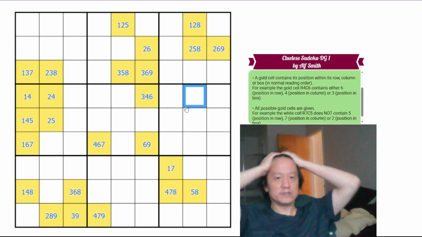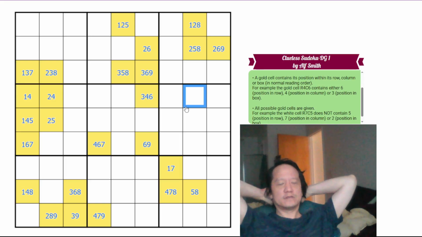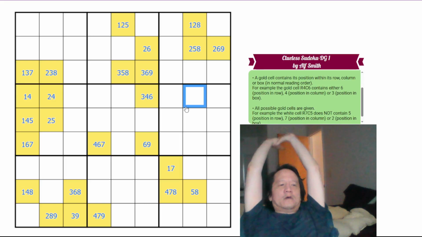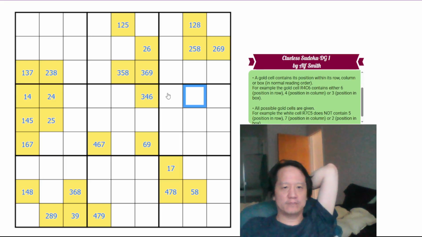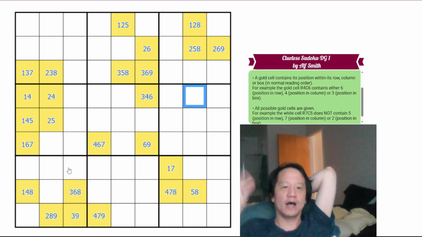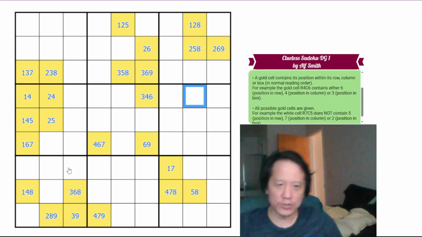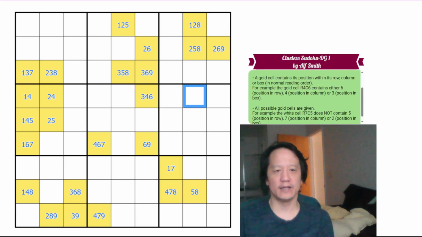Or doublets, or pairs, essentially. Maybe we look at disjoint sets. Aha. We do have a disjoint set that has a triplet.